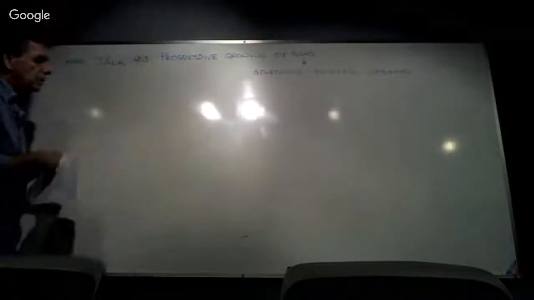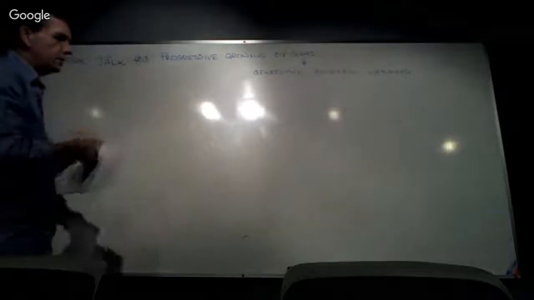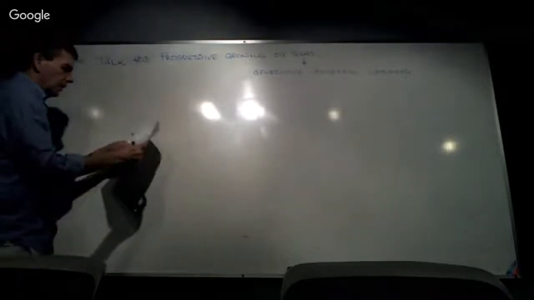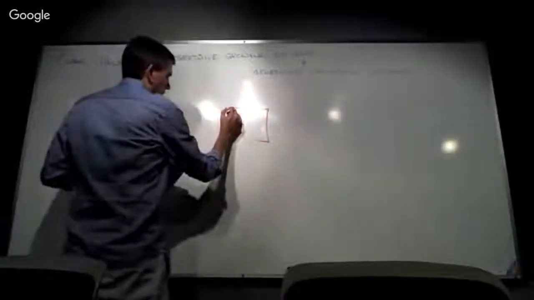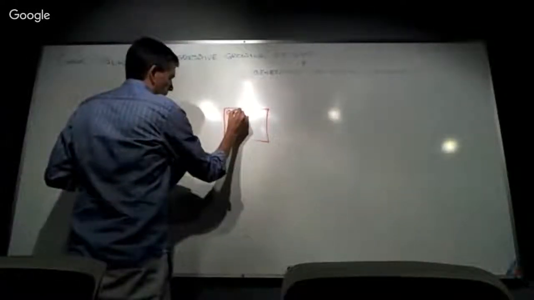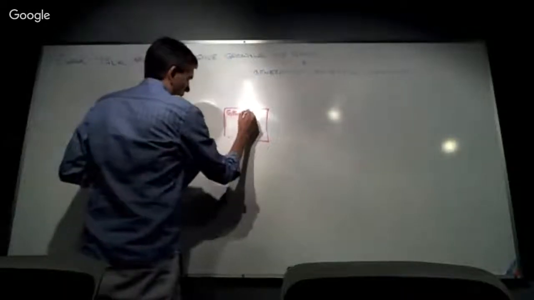Typically, a GAN, generative adversarial network, consists of two parts: a generator and a discriminator.